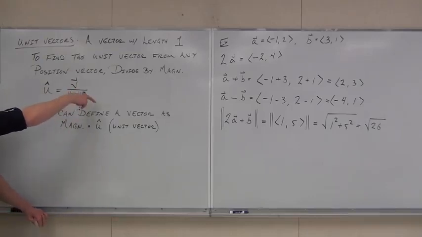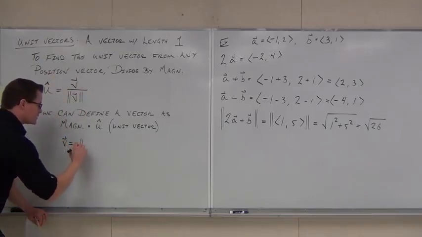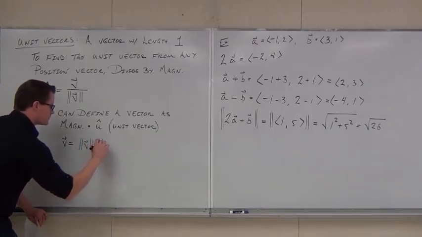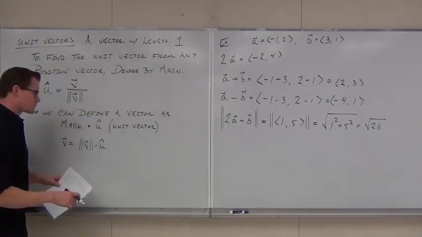So when we do it, we say, hey, let's just multiply. So we got vector v equals magnitude times direction.